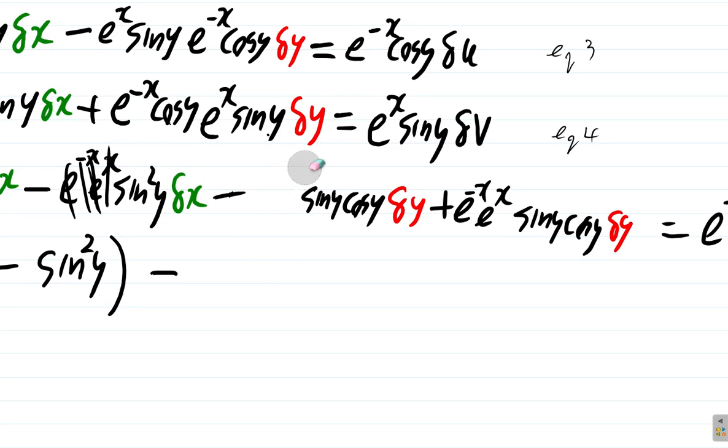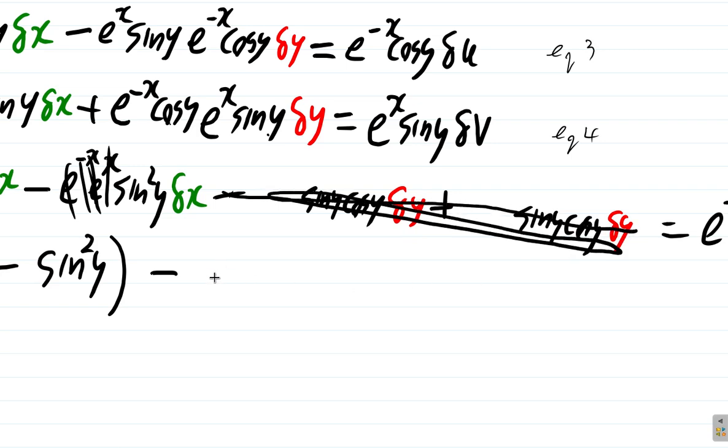So that part is gone. Negative sine y cos y del y plus sine y cos y del y. That's gone. All of this disappears.